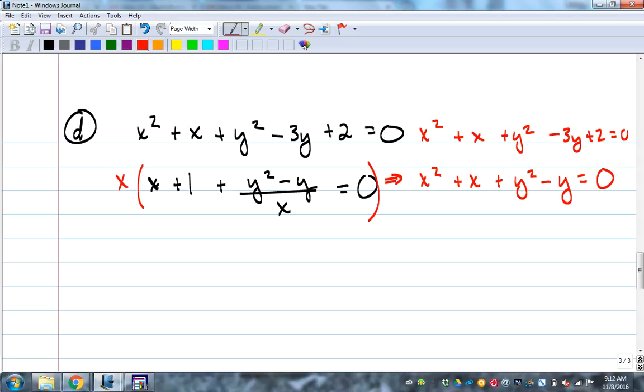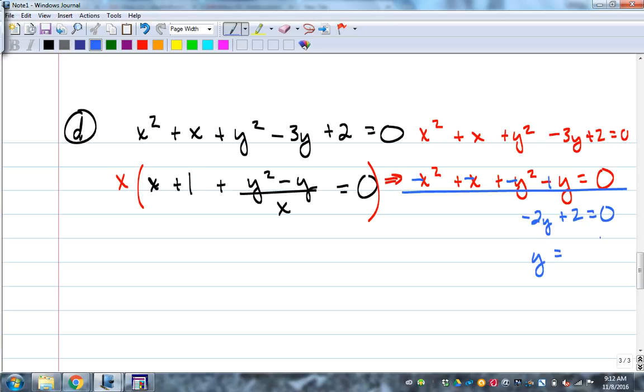So if I multiplied, let's just do this one by negative 1. That would change all the signs. And then stuff starts canceling. So the x squareds would cancel out, the x's would cancel out, the y squareds would cancel out. I'd end up with negative 2y plus 2 equals 0. And that's a pretty easy one to solve. I like that.